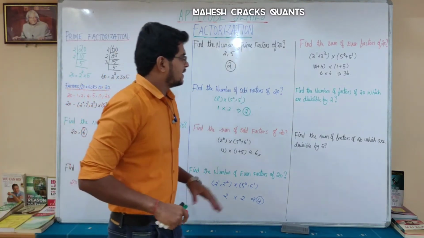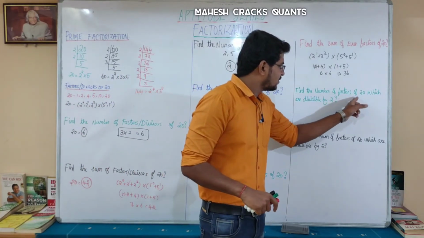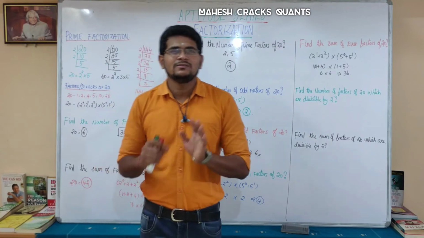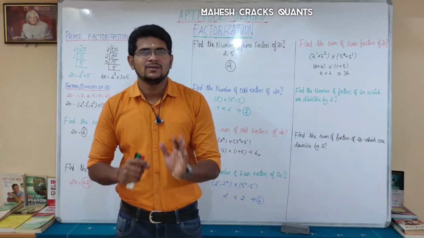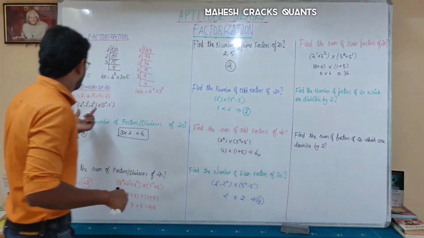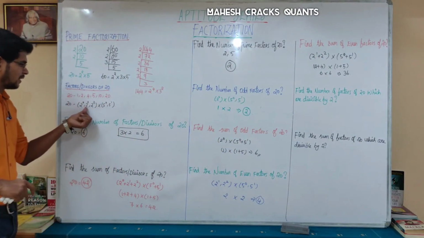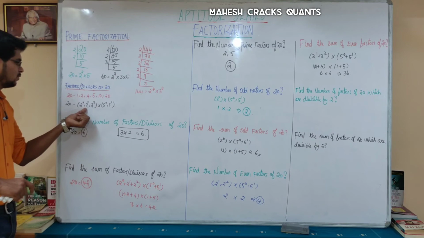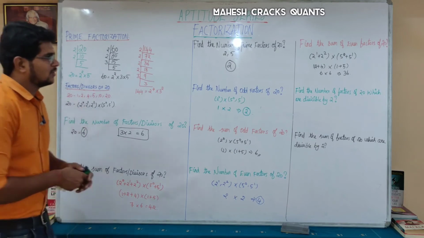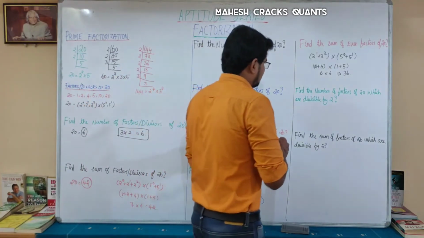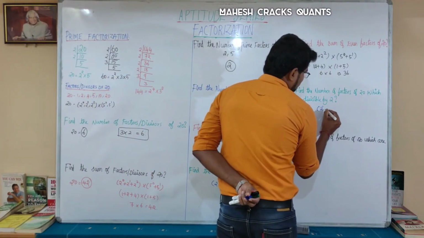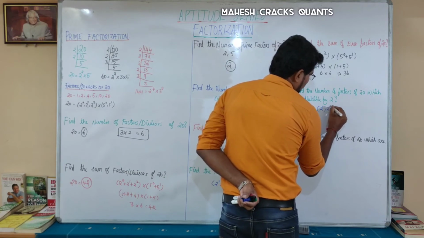The next question. Find the number of factors of 20 which are divisible by 2. When the question is about divisible by 2, you should have the minimum value as 2 in your equation. Minimum value 2 means you have to start from here. So 2 power 1 is the beginning, and 2 power 0 alone will be left out. Except 2 power 0, you will get 2 power 1 and 2 power 2 here.